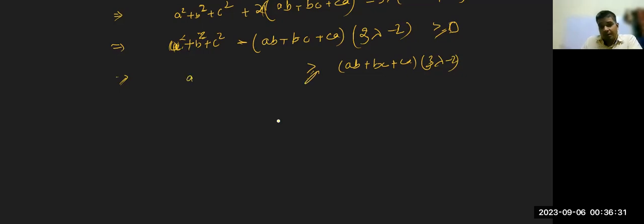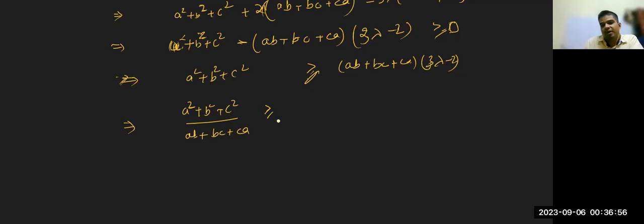Here it will be a square plus b square plus c square. Then what will happen? We will take a square plus b square plus c square divided by ab plus bc plus ca, and that would be greater than or equal to 3 lambda minus 2.